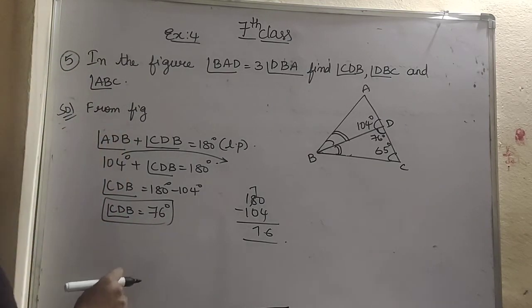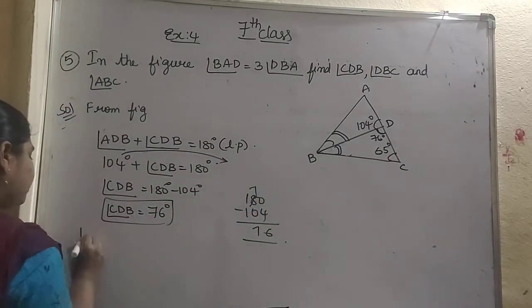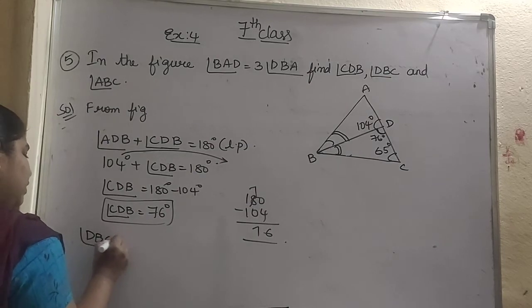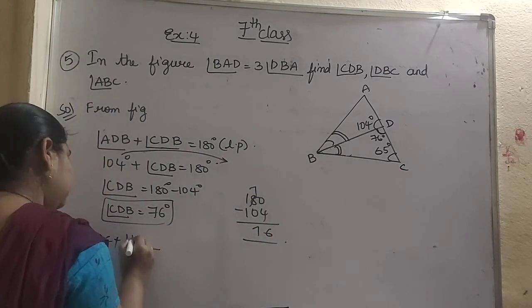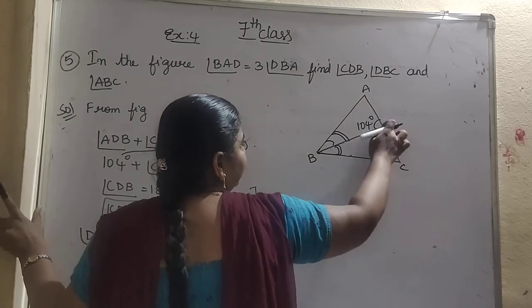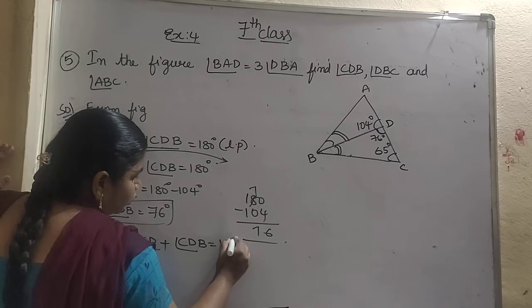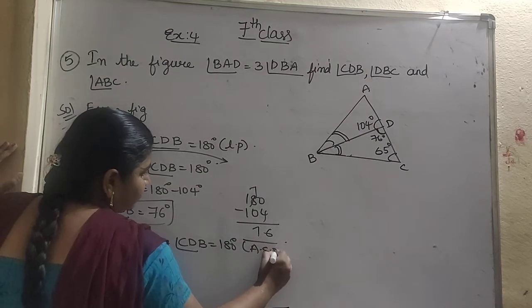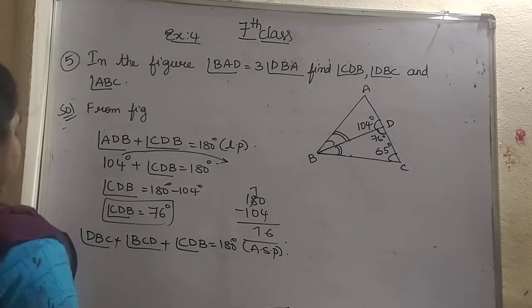So this angle B we can write as DBC, plus angle C written as BCD, plus angle D written as CDB, is equal to 180 by the angle sum property.